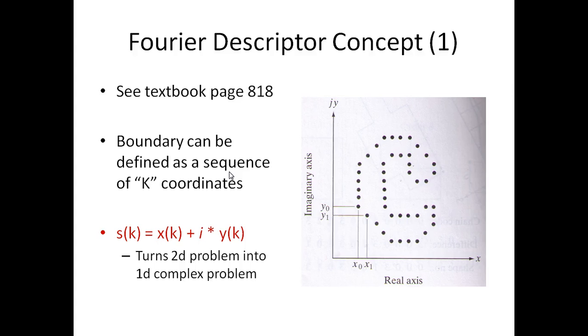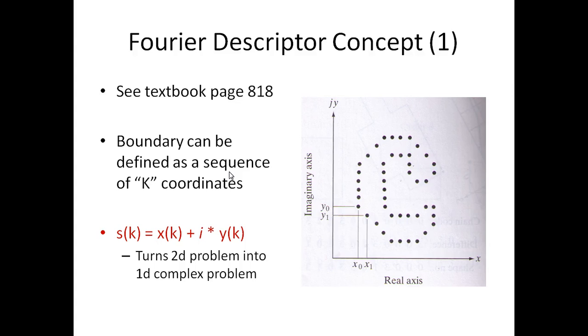From page 818 of the textbook, we can see that the boundary of a given object can be defined as a sequence of coordinates. So basically, you can take a thresholded image and pick a bunch of coordinates that circumnavigate that image.